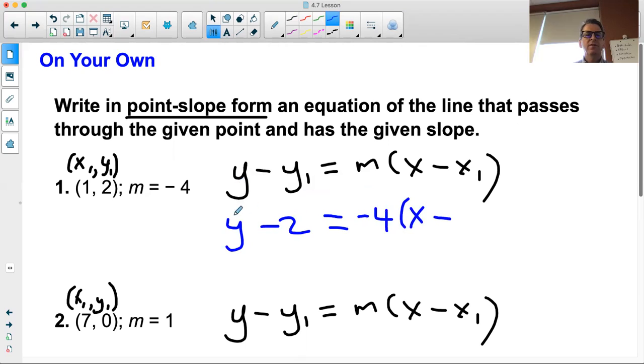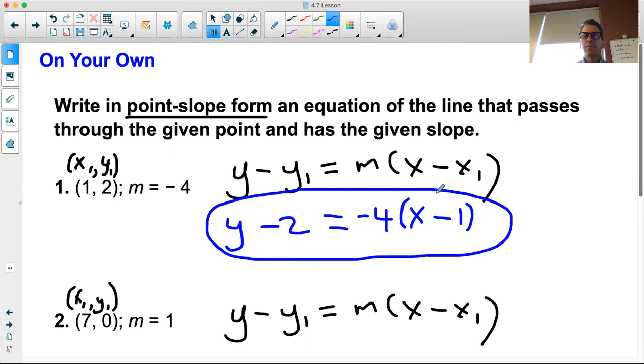X minus the x1, which is 1. And then circle your answer. It doesn't say to simplify any further. You're supposed to leave it in point slope form. So y minus 2 is equal to the slope times x minus 1.